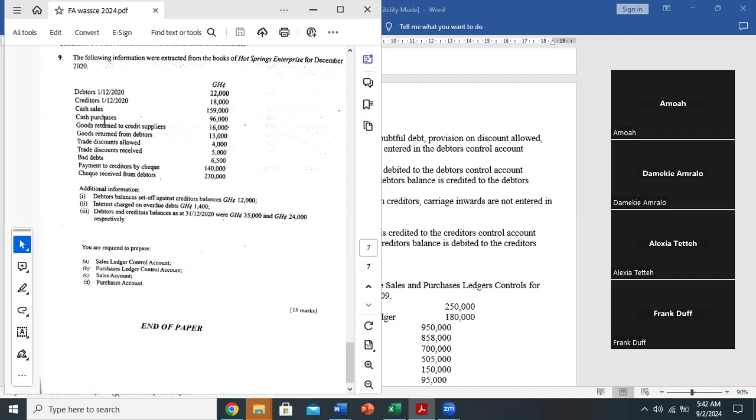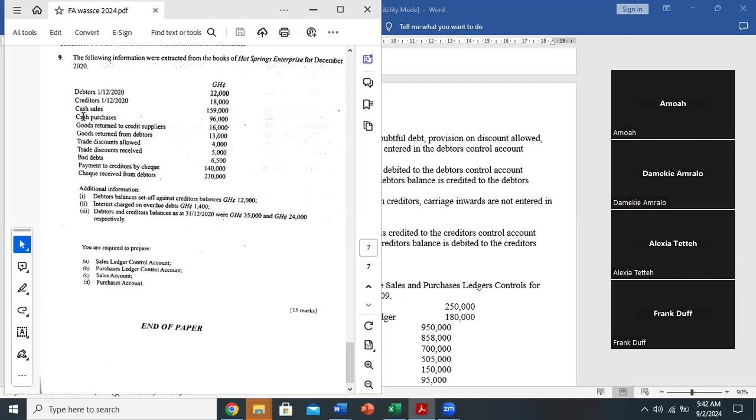So I'm expecting you to open the account and pick the first item. The first item is debtors, 1st December 2020. I think that is an opening balance, right? So you can record the opening balance on your debtors. You can also record the opening balance on your creditors. Then look at the next item, cash sales. I think we just had the discussion on cash sales, so you know what to do.